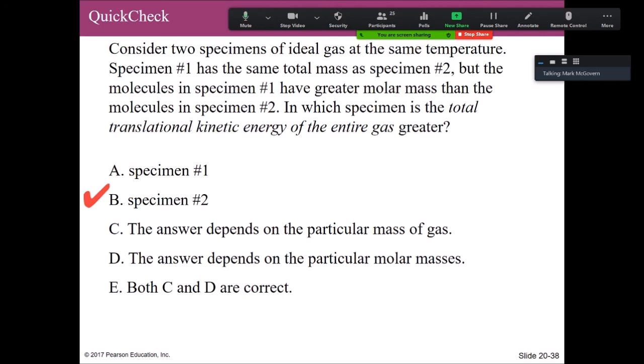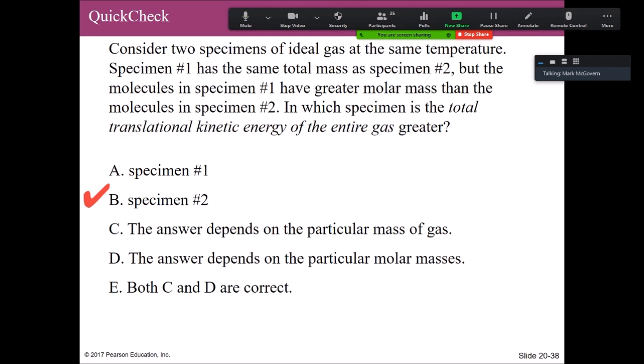So specimen 2 has a greater amount of total kinetic energy. Also, molecules in specimen 1 have a greater molar mass, so the average speed is going to be lower for those. So 2 is faster and has a greater amount of energy.